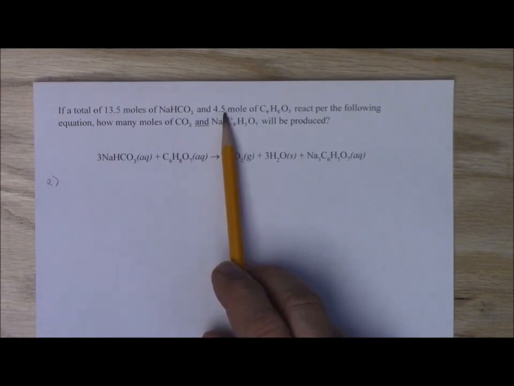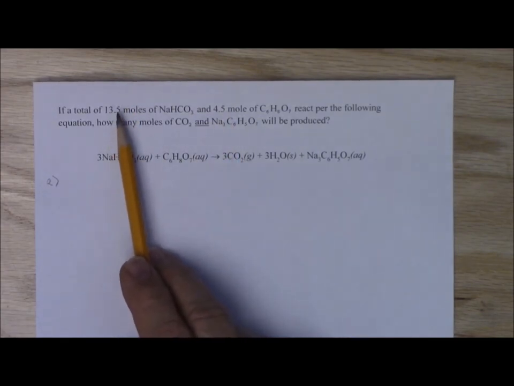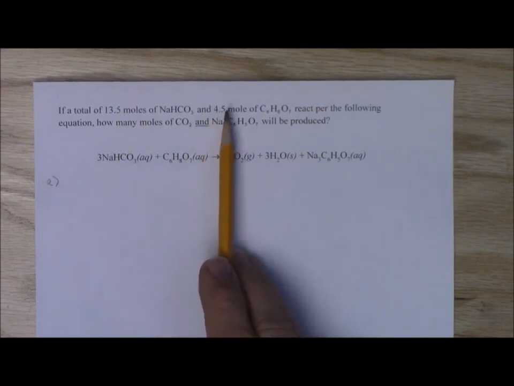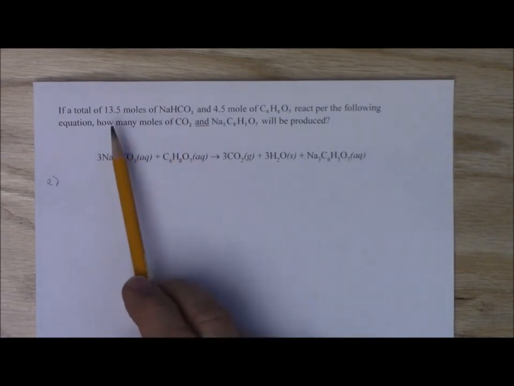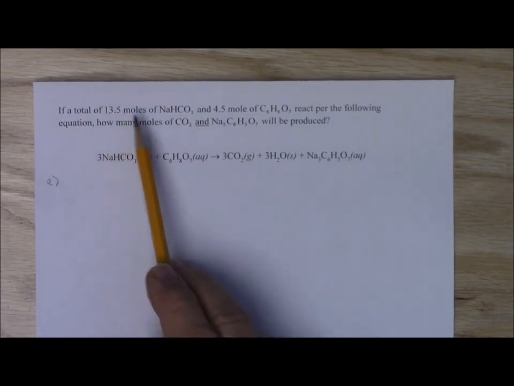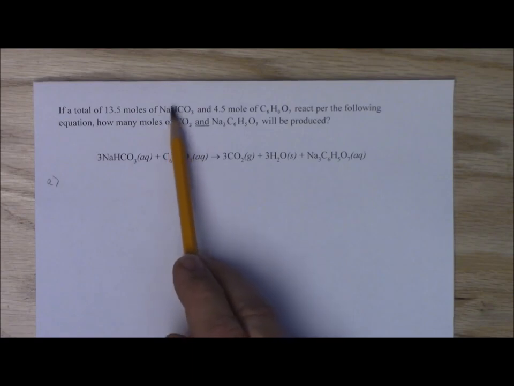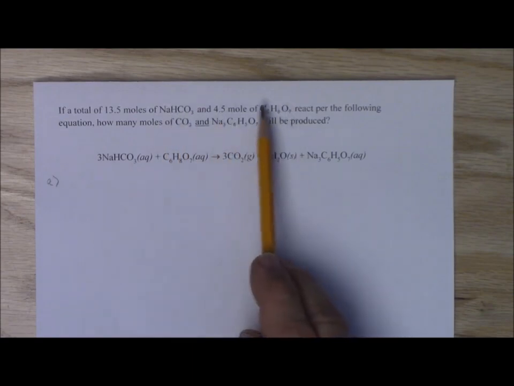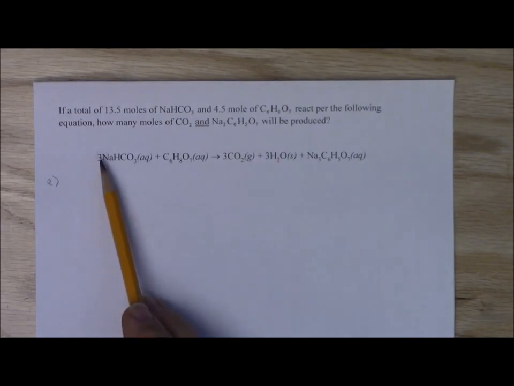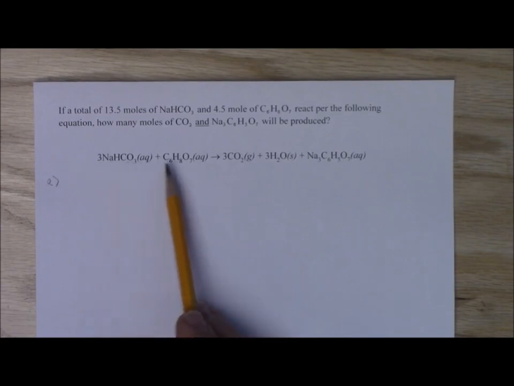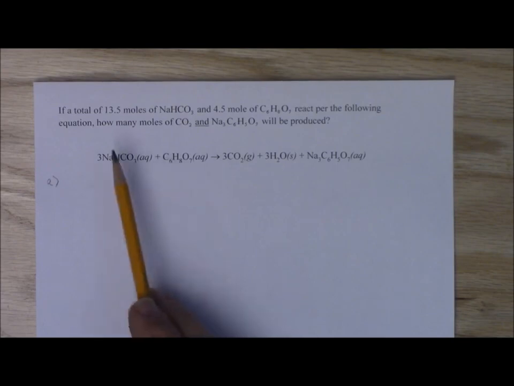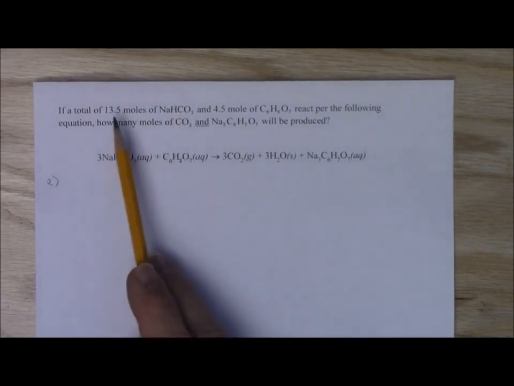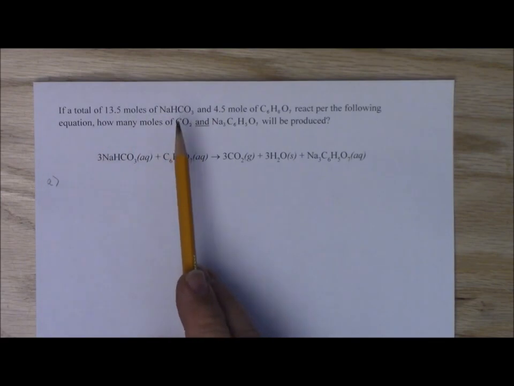But keep in mind, 13.5 moles is really 3 times 4.5 moles. So what they're saying here is you've got 3 times as many moles of sodium hydrogen carbonate as you have citric acid. Well, that's good because that's what the balanced equation would require. So you can really pick either one of these to be a given.